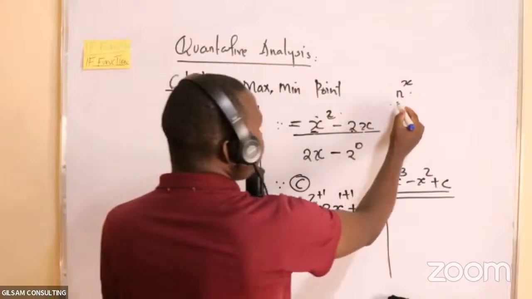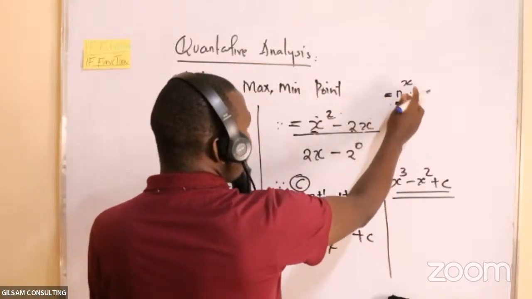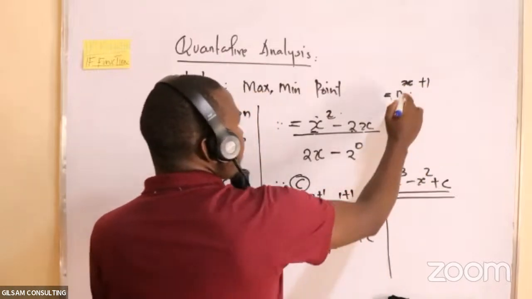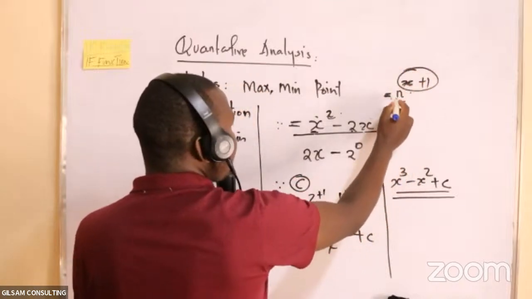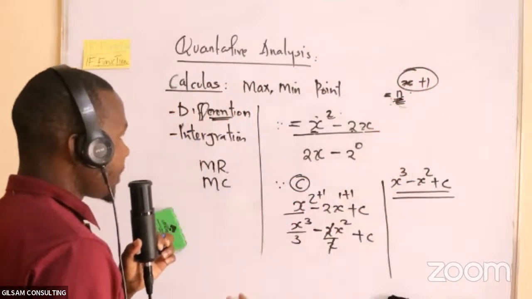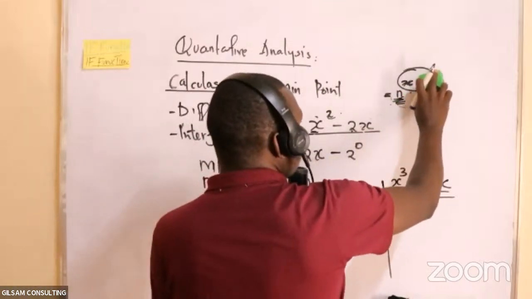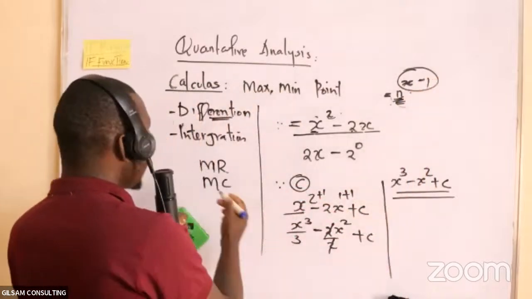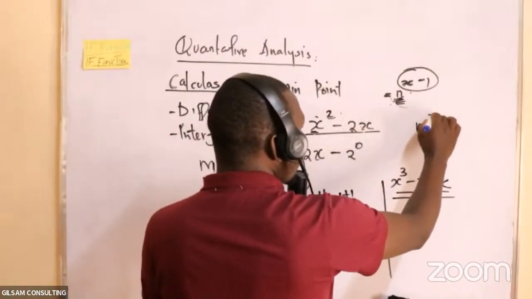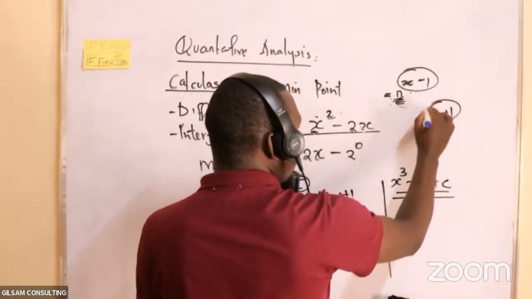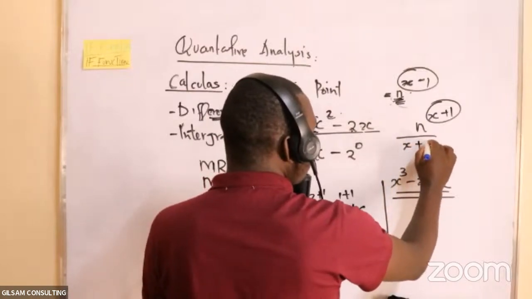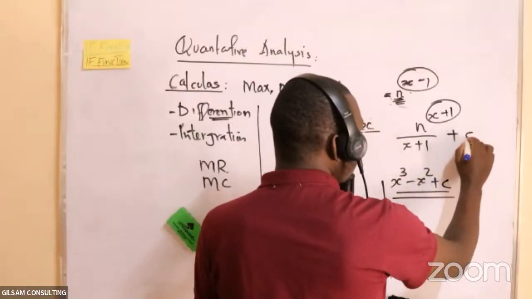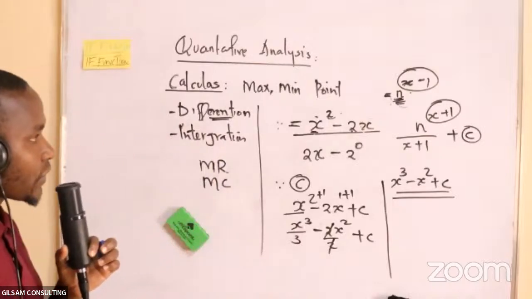So if it is to differentiate this, you take the power and multiply with the number, and we subtract 1. That is for differentiation. And then for integration, for nx it will be plus 1, and this one we also divide by the new power. And the rule also tells us we add the constant, which is c.